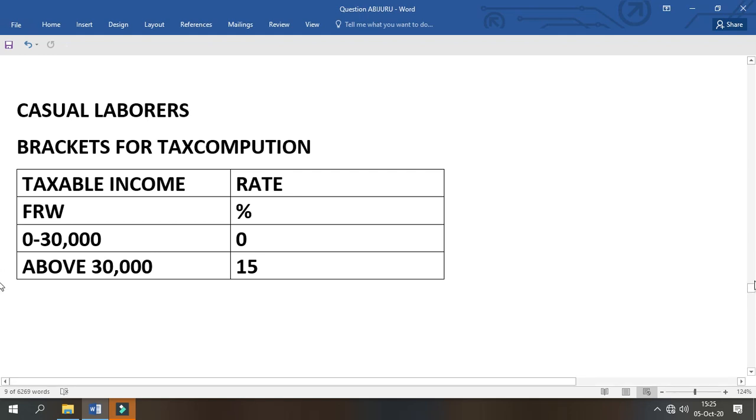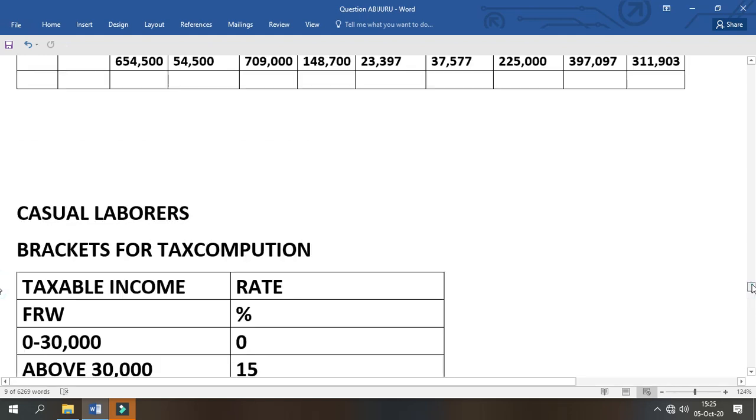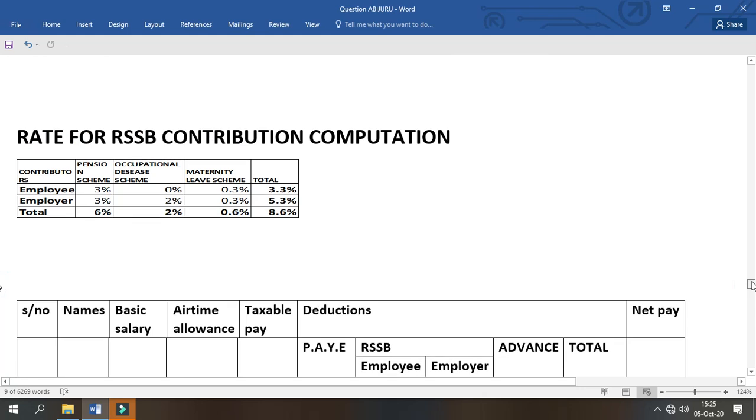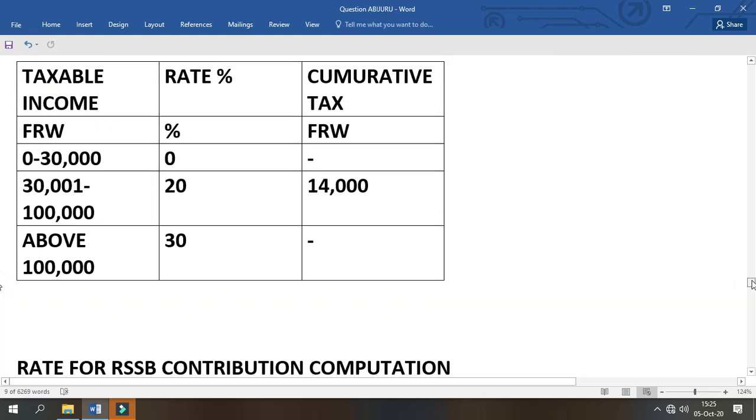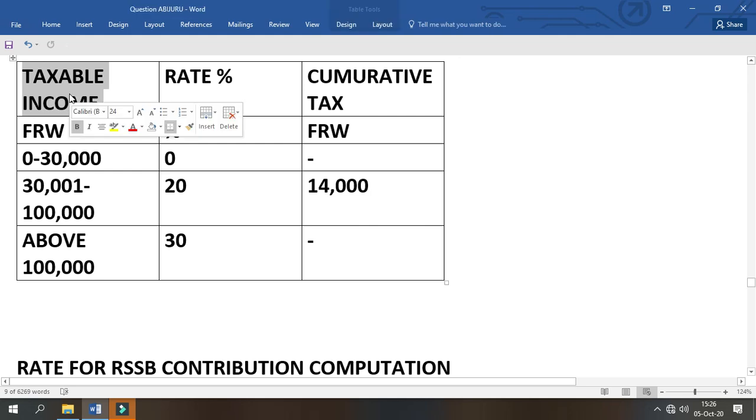As you see above, for permanent employees, if the taxable income is from 0 to 30,000, the tax rate is 0%, meaning no tax is paid.